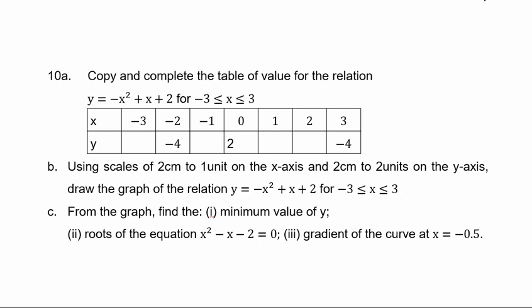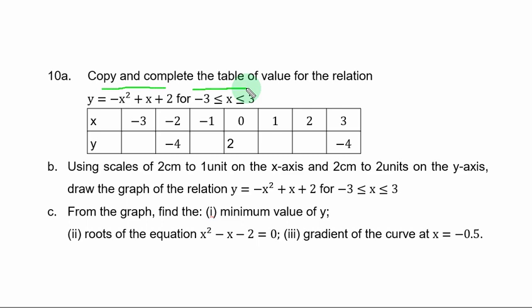Question 10A. Copy and complete the table of values for the relation y equals minus s squared plus s plus 2 for minus 3 less than or equal to s less than or equal to 3.